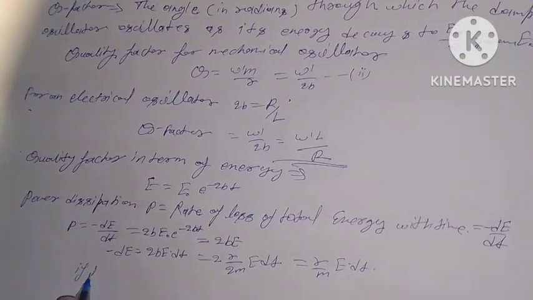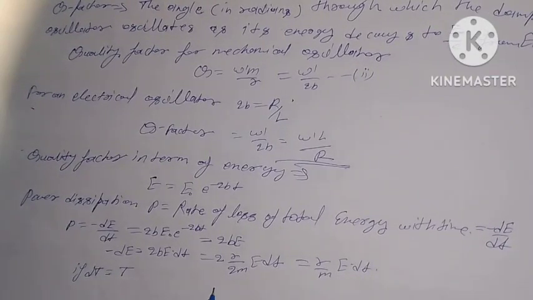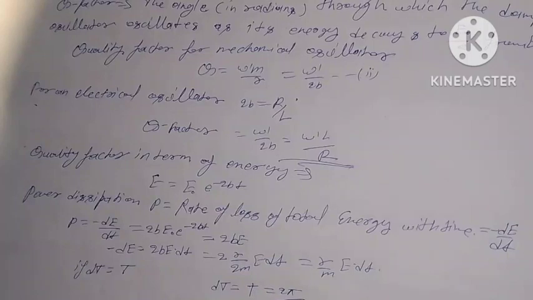If dt equal to capital T, the time period of the oscillator, then T equal to 2 pi by omega dash.